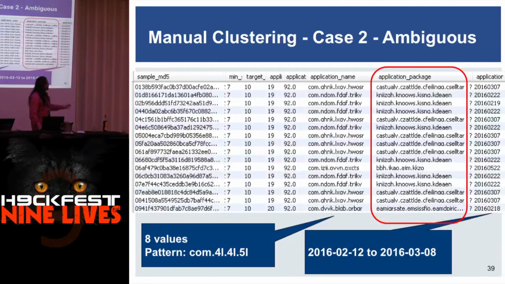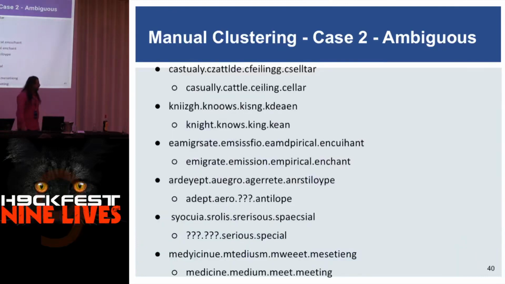And if we take the application package, now this is going to be cool. We're going to play Scrabble with malware. So I'm going to blow this up a little bit. The big bullets, the black bullets, are the actual package names, and the indented, empty bullets are the words that originated from the package name.